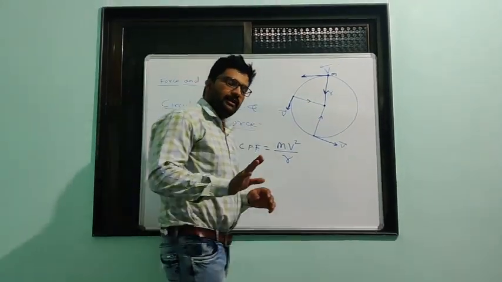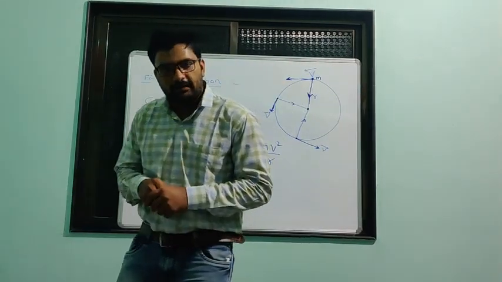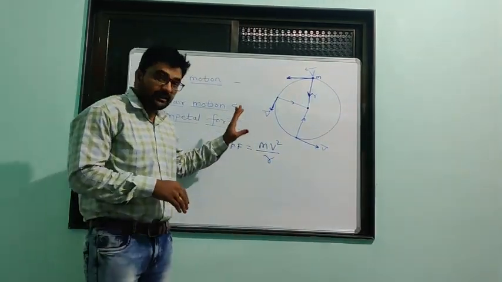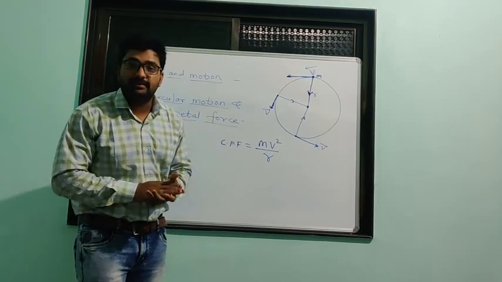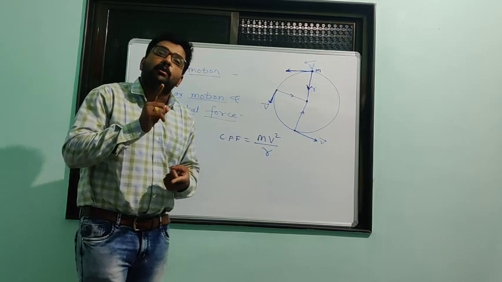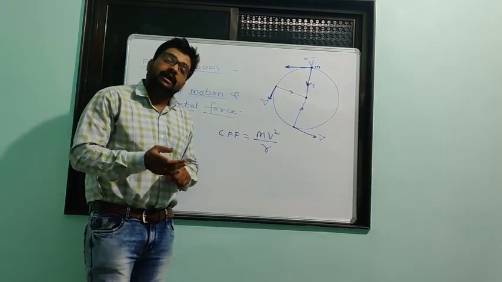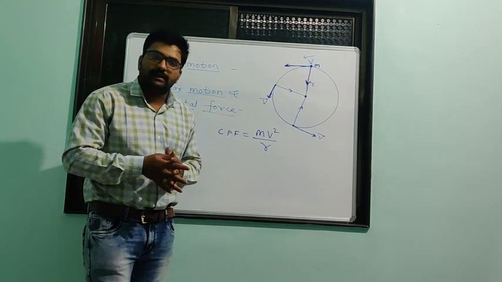So today in this lecture we start chapter number 1, gravitation. In that we first study some basic concepts, that is force, effect of force, and types of force. All those things you should revise again, because that is an important part.